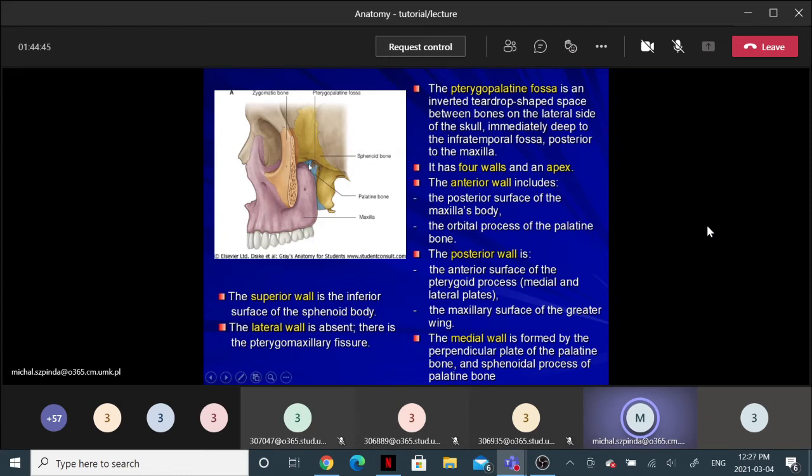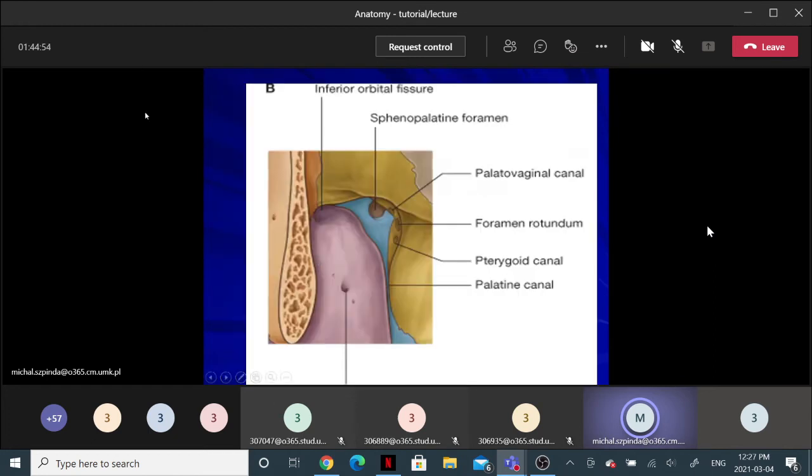So the sphenopalatine foramen joins the pterygopalatine fossa with the nasal cavity. The anterior wall is visible here. All of this forms the anterior wall.